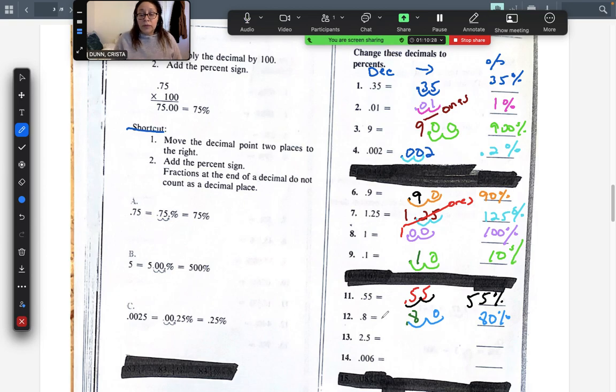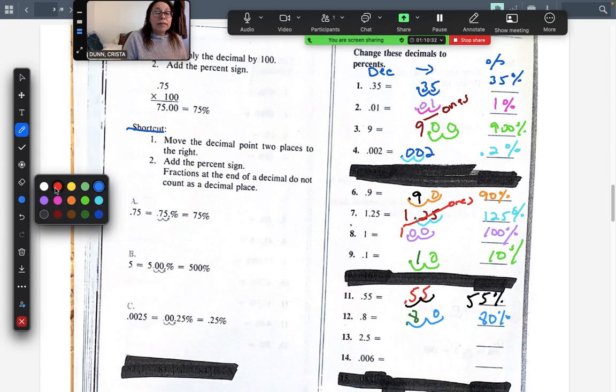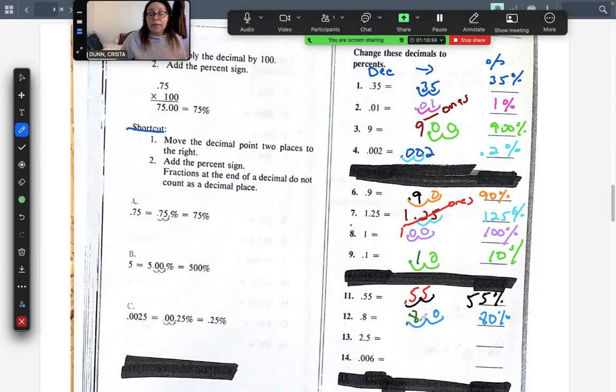And here I'm going to start with, I'm going to take that decimal point and move it over how many place values? 2. And which direction? To the right. So I'm going to go 1, 2. And last but not least, I'll do it up here.